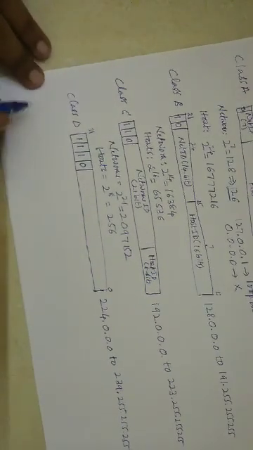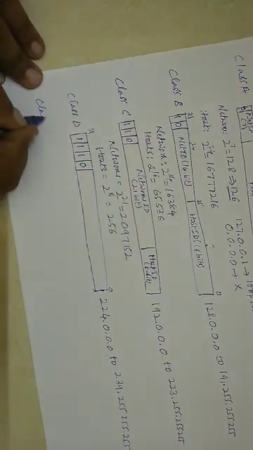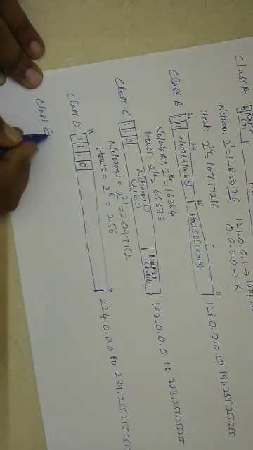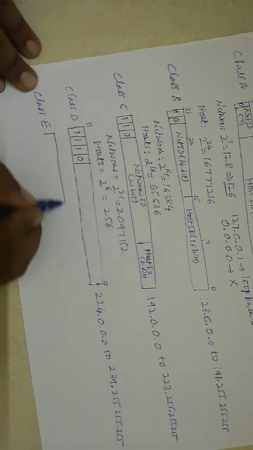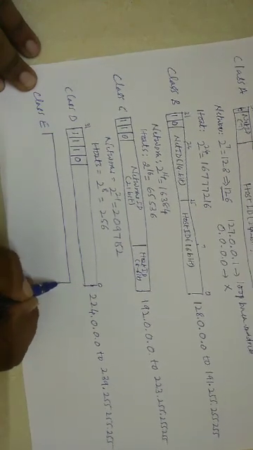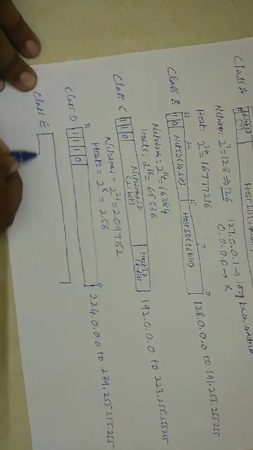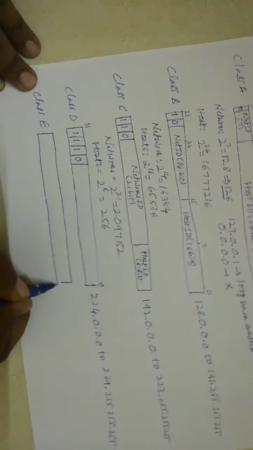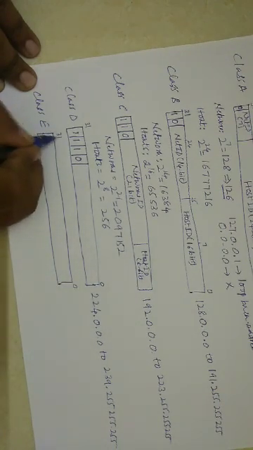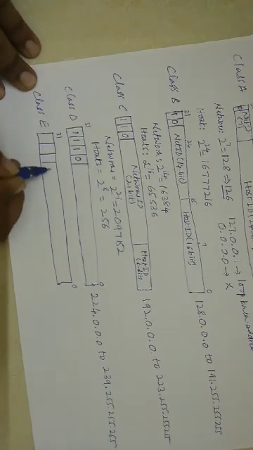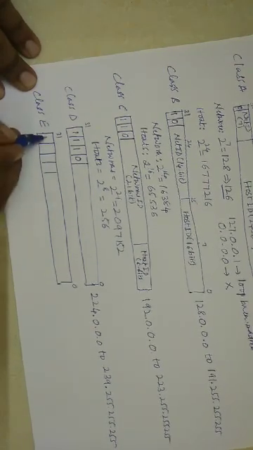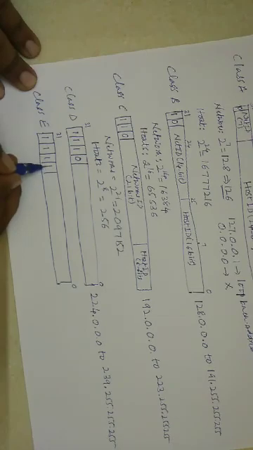Now the last class is class E IP address. Class E has all class identification bits as 1111, in bit positions 0 to 3 of the 32 bits. These first 4 bits we use for class identification, and all have the value 1.